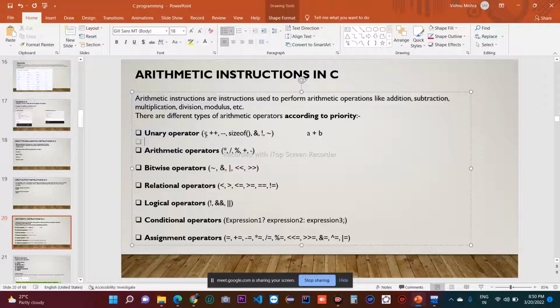So these all are operators: minus, plus plus, minus minus, sizeof. This is multiply, divide. This is modulus. This is addition, subtraction. This is bitwise not. There are many operators. We'll see each of them one by one.